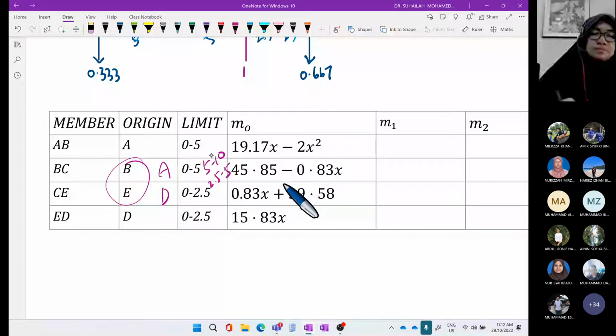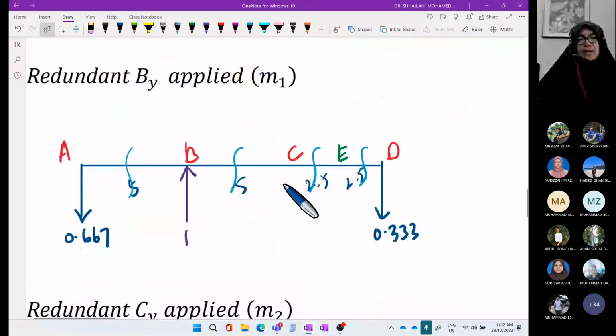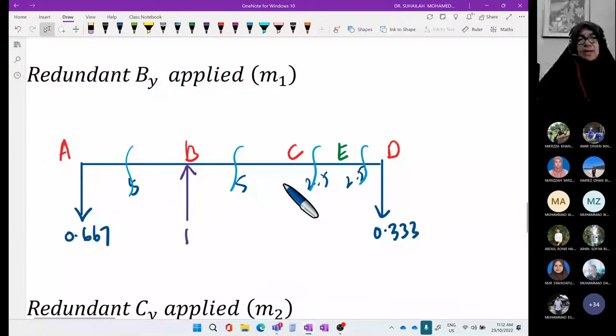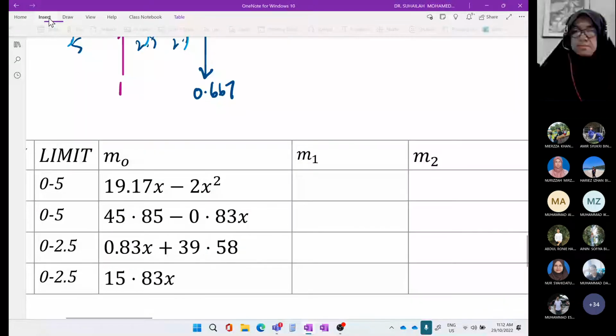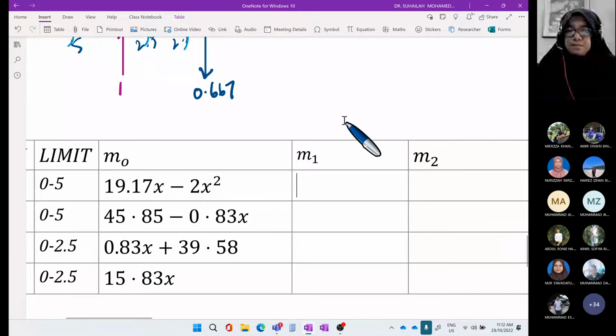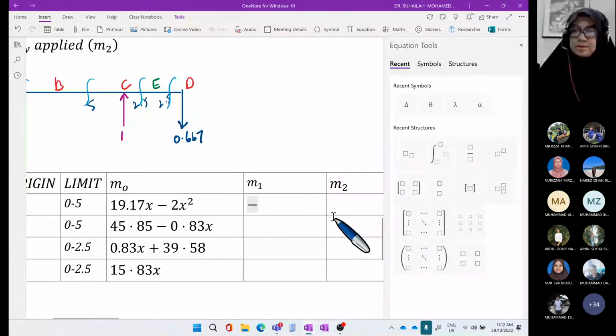Okay, now we move to this redundant BY applied. So we get, for section AB, M1 is negative 0.667x.